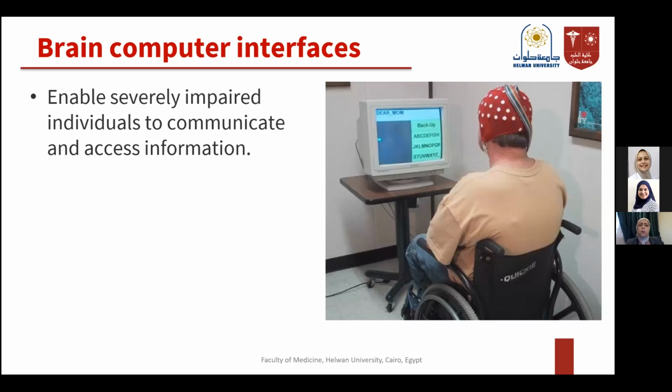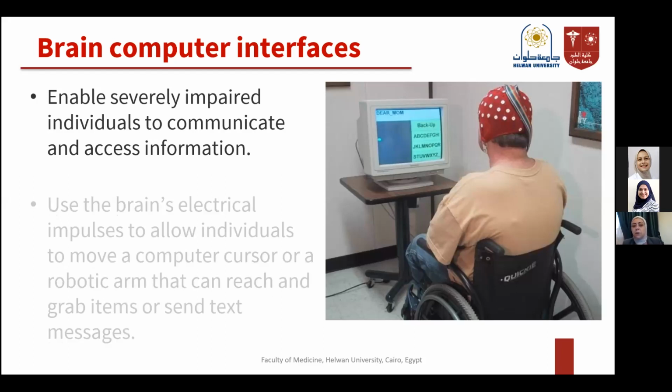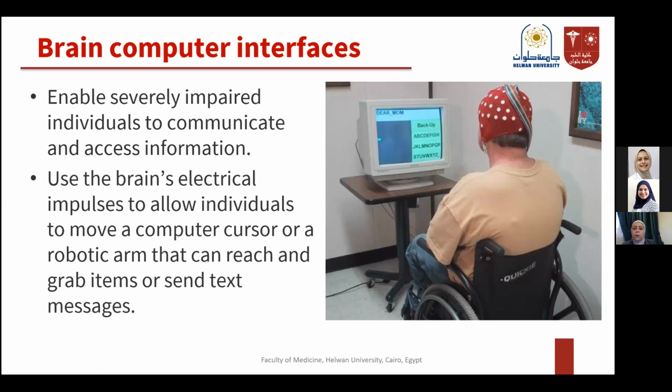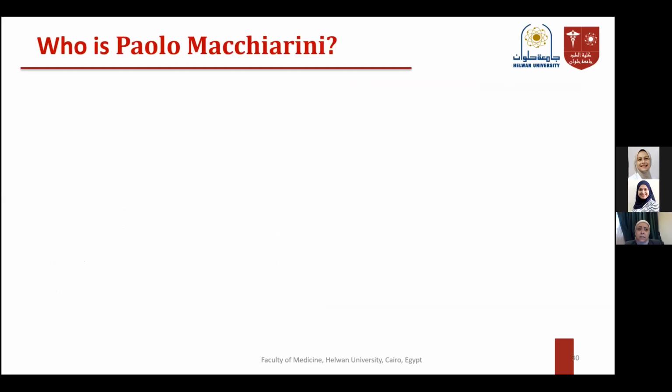Okay, so brain-computer interface is taking the electrical signals from the human brain and transferring them into electrical signals that can control text or a TV or a mobile phone or whatever, or a robot, so that the patient can interact with the surrounding environment where he was previously severely impaired. Okay, this is called the brain-computer interface.